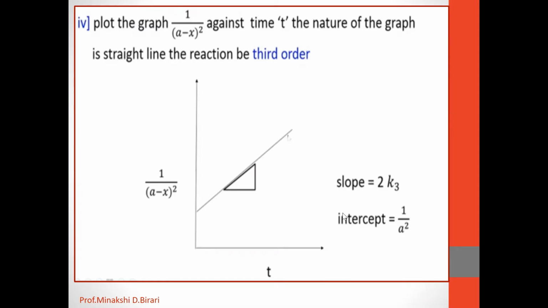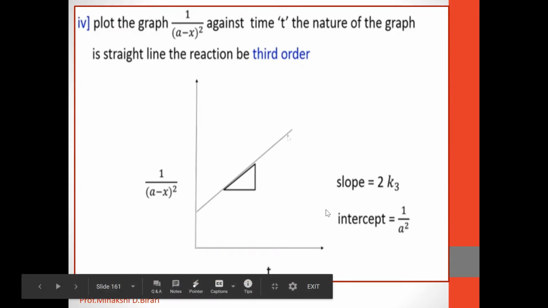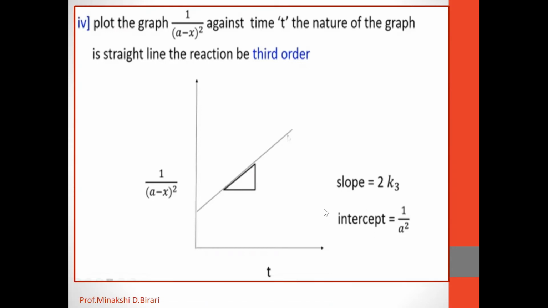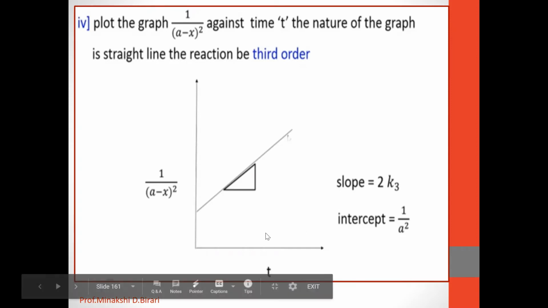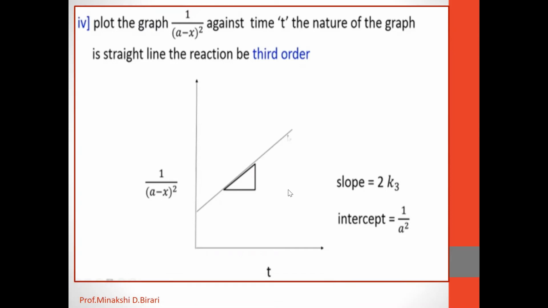C is nothing but the intercept. So for a zero order reaction we get x = k0t. Then for first order, second order and third order reactions, we have considered the graphs. So by using the graphical method, we can determine both the reaction order and the rate constant.